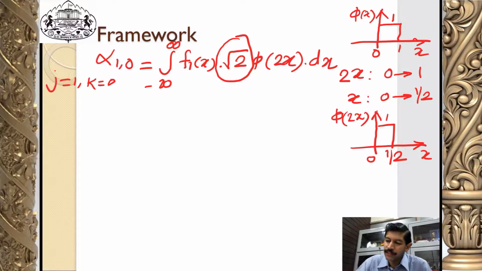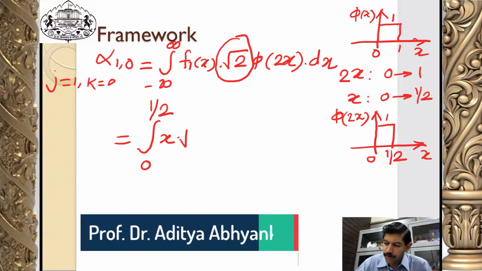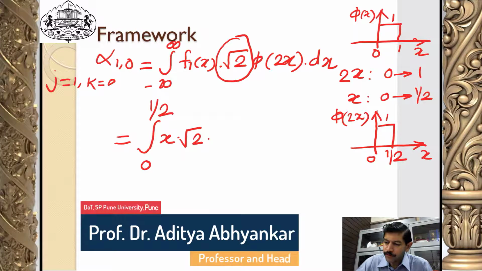So with this, let's calculate alpha 1, 0. So the integral would obviously run from 0 to half, because it is non-zero only in that range. F of x will be x, into root 2, into phi of twice x is 1 in this range, into dx.